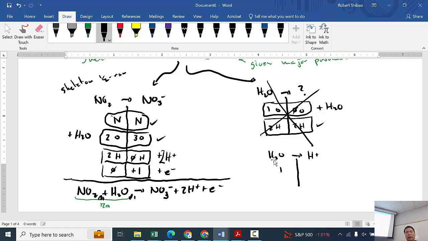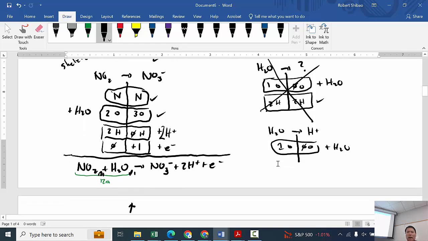And so over here I have 1 oxygen. Over here I have 0 oxygens. And so I'm going to add 1 H2O. And then I'm going to balance out the hydrogens. So over here I have 2 hydrogens. Over here I have 3 hydrogens. So I'm going to add an H+ over here.